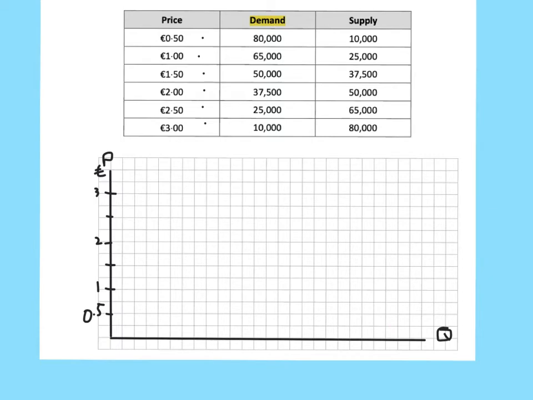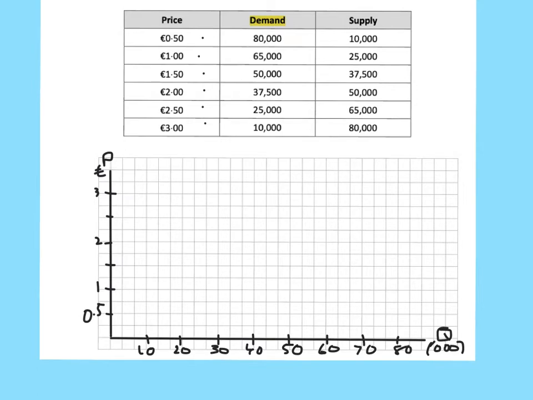So every 3 boxes, that'll be 10,000, 20,000, 30,000, 40,000, 50,000, 60,000, 70,000 and 80,000. And over here I'll put thousands. Then I can just do 10, 20, 30, 40, 50, 60, 70 and 80.